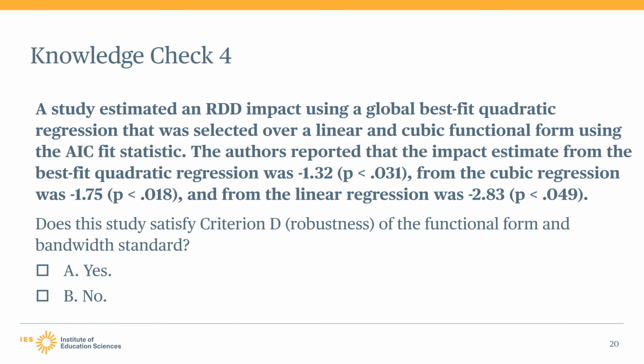The impact estimate from the cubic regression was negative 1.75, p less than 0.018, and the impact estimate from the linear regression was negative 2.83, p less than 0.049. Does this study satisfy criterion D, the robustness criterion, of the functional form and bandwidth standard? Your choices are A, yes, and B, no. You may want to pause the video now to think about your answer.